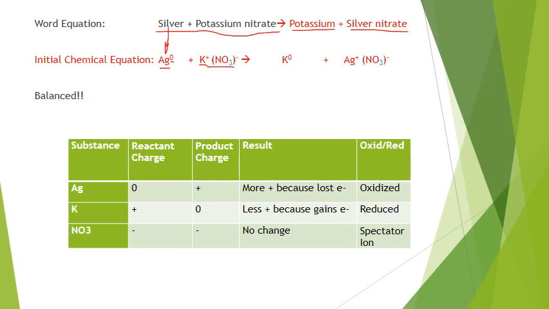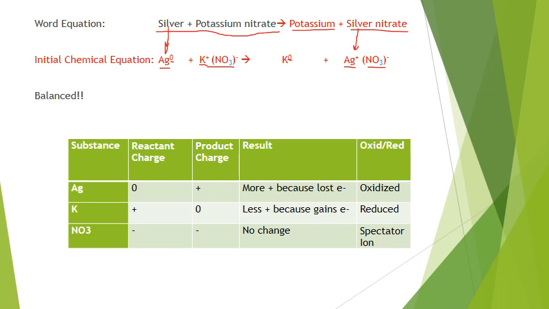Potassium is all by itself, so it gets no charge. Notice now that it has no charge when it's not an ionic compound. And silver nitrate is just like you would find it if it was given to you on a test, so it's Ag plus, NO3 minus, and same charge, so no subscripts. Okay, it's already balanced, so nothing there.